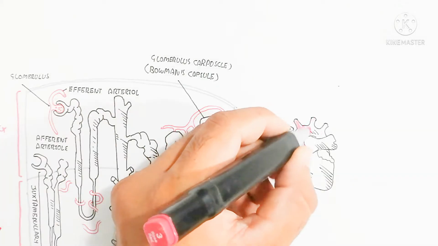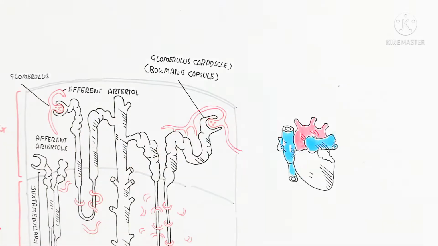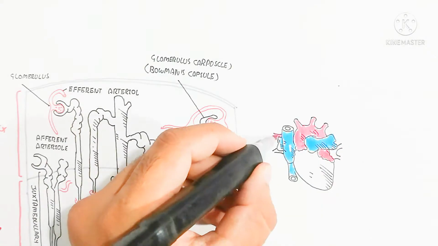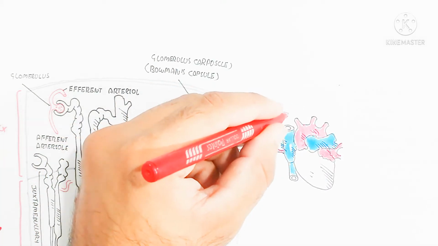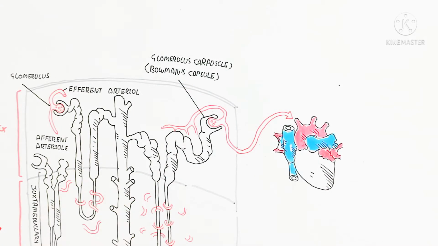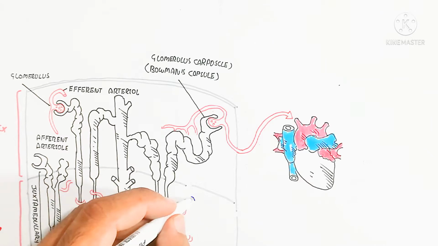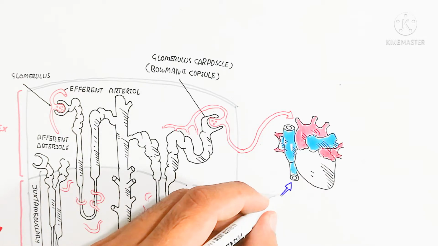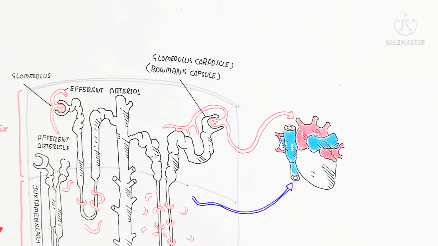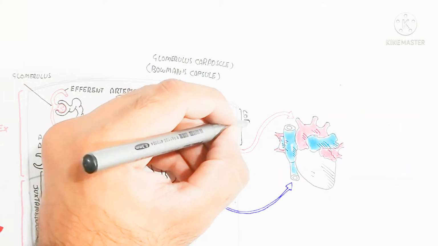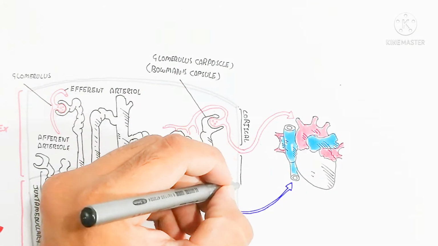Here is the heart, and oxygenated blood moves toward the nephron. It moves away from the heart through the descending aorta, while the deoxygenated blood after filtration moves toward the inferior vena cava.